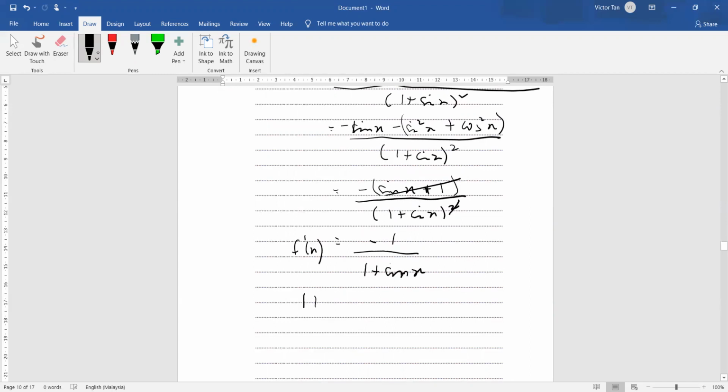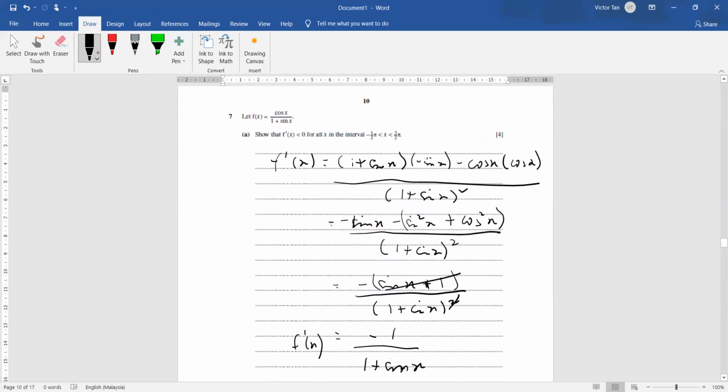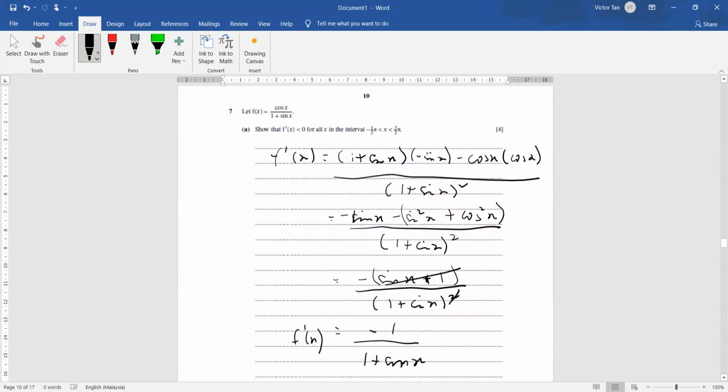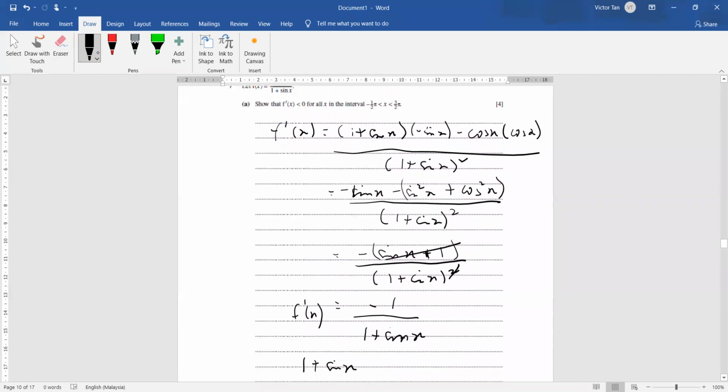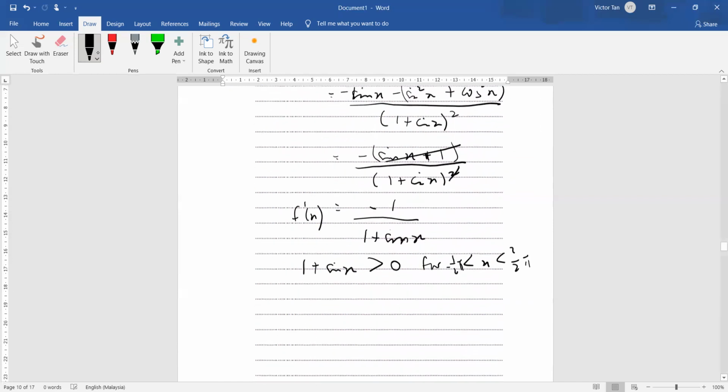Now 1 plus sine x, for x between minus half pi and 3 over 2 pi, is not equal to 0. Okay, so it's larger than 0.